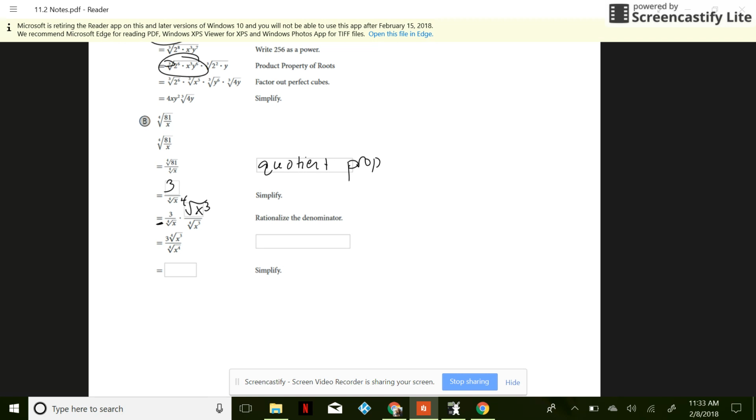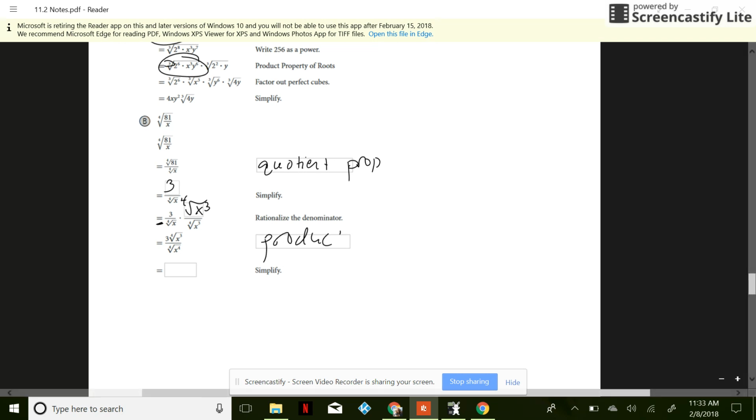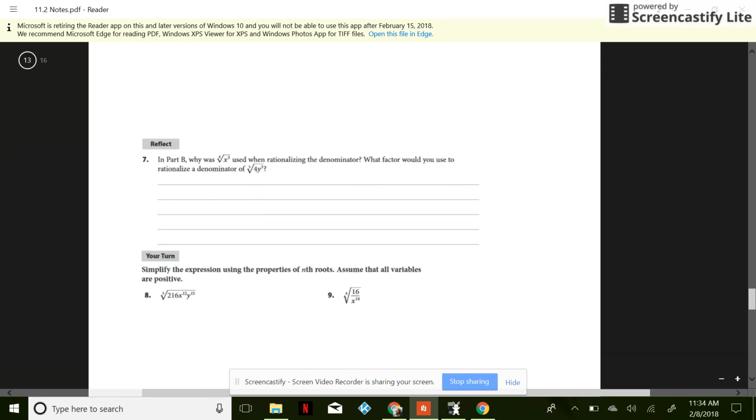So under that 4th root, we want an x to the 4th or an x to the 8th, something that will be nice and easy for us. So that's why we're multiplying by the 4th root of x cubed. That way in the denominator now, we've got the 4th root of x to the 4th, which just will become x. So simplified, this becomes 3 times the 4th root of x cubed over x.